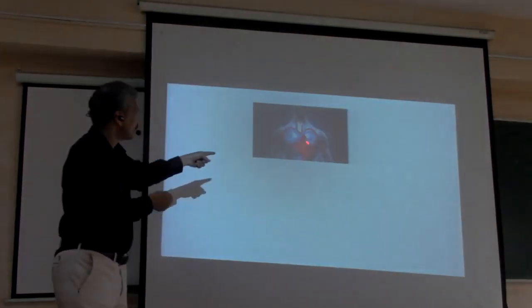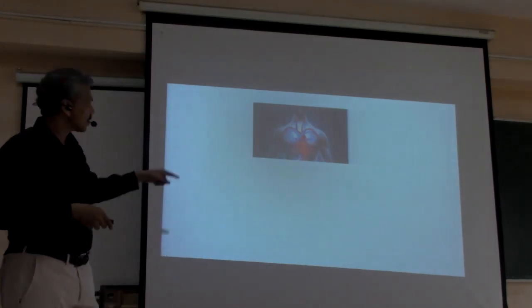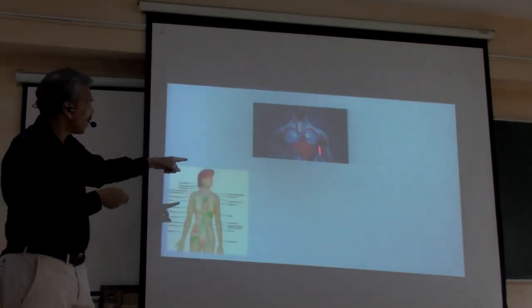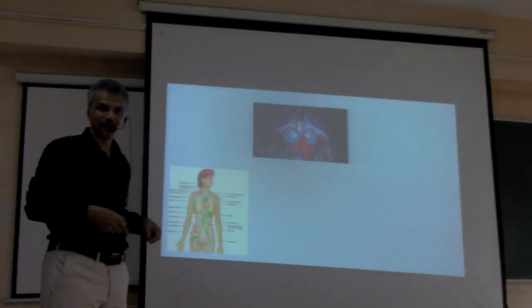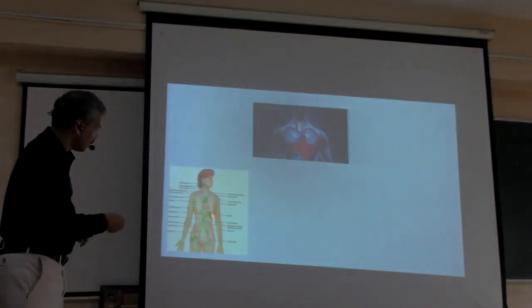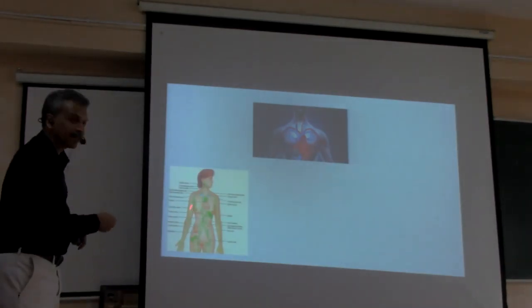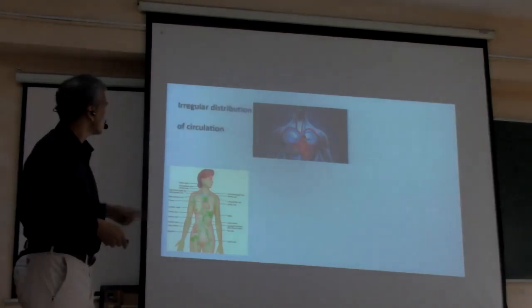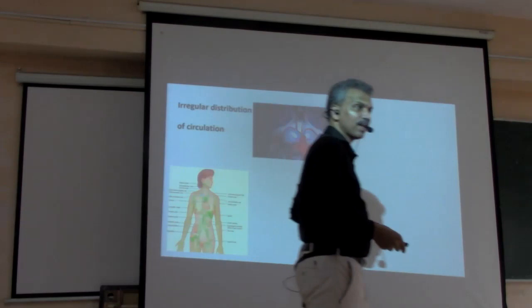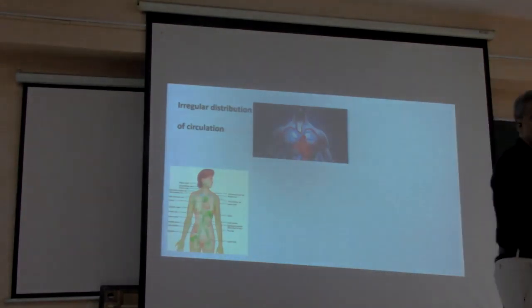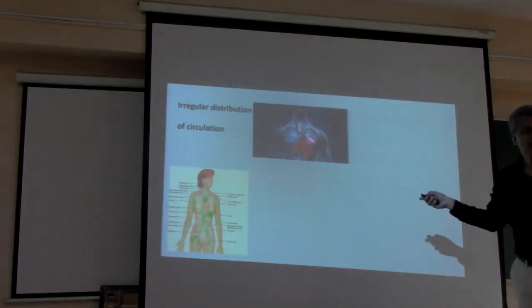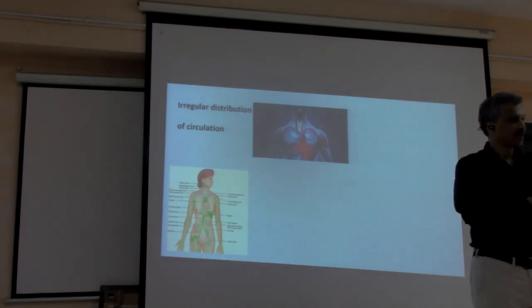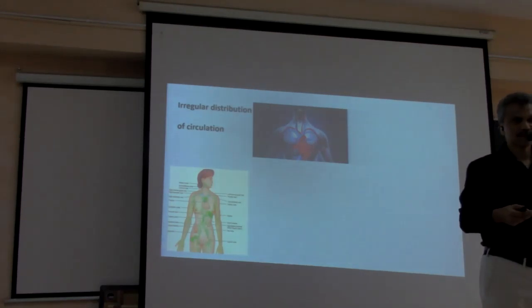Now, from blue, you see that it's also a very important remedy acting on the heart. Okay. Not only heart, you also see this acting on the lymphatics, green lymphatics. So irregular distribution of circulation, action of sulfur on the circulatory system. Physiology, circulatory system.